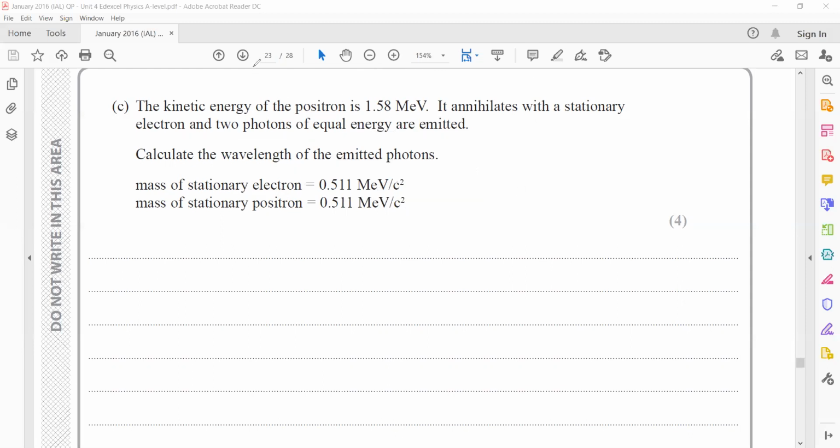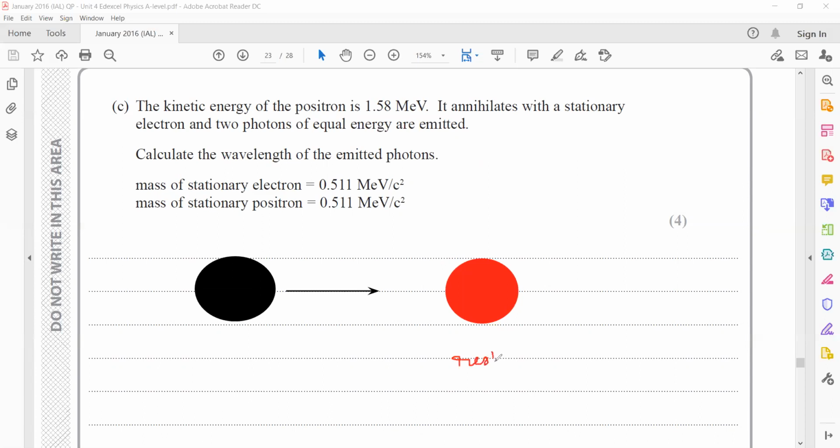So what happened? They mention a positron which is moving, and it annihilates with a stationary electron. So the electron is at rest, whereas the positron was moving.